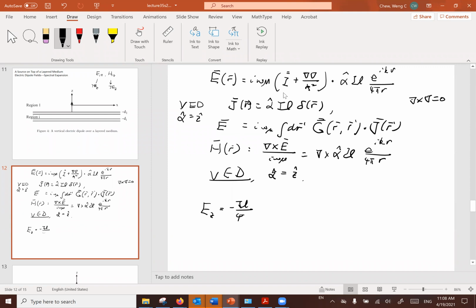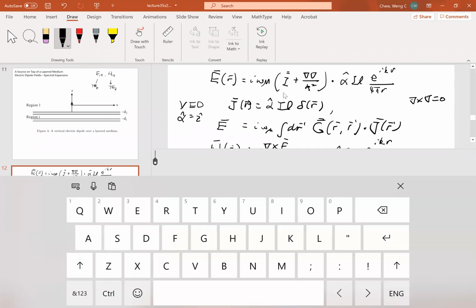And you have only one single integral, or Sommerfeld integral, so numerically it's more expeditious. Let me see how I can get rid of this.